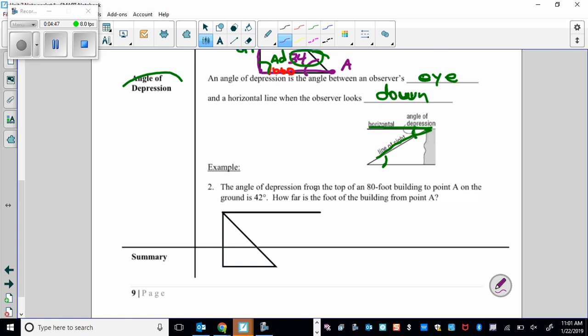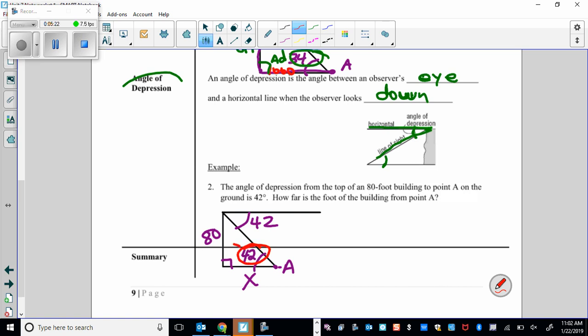The angle of depression from the top of an 80-foot building, so this is the 80-foot building, to point A on the ground, this is A, is 42. How far is the building from point A? Since this is the building, this is going to be your x. Knowing that elevation and depression are the same, this is 42. All I have to do is circle the angle and then label.